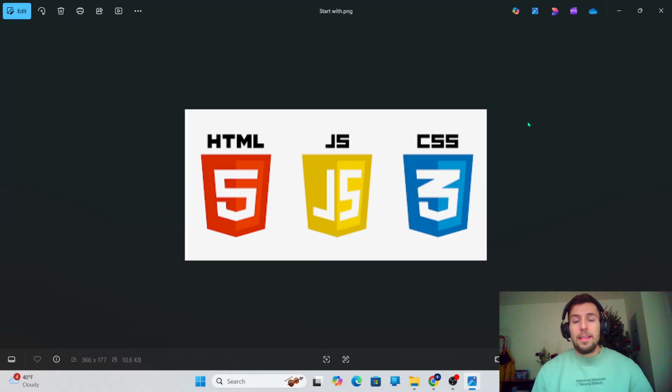And CSS is a supplementing technology. It's not about the structure of the website, it's about the look of the website. So it is responsible for styles.